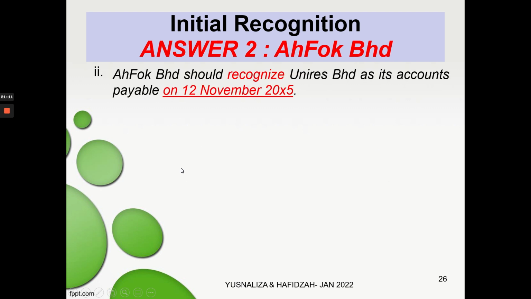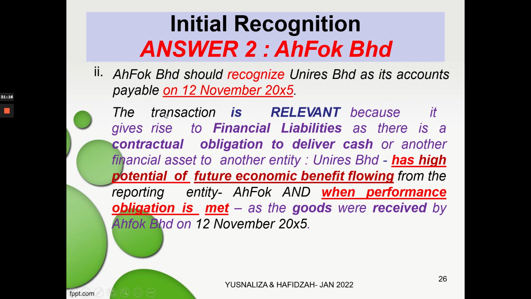When should AhFok recognize? AhFok should recognize on 12th of November. Why? Because that transaction is relevant, since UniRest has a high potential of future economic benefit flowing, and AhFok will have a high potential of economic benefits to deliver cash to the other entity UniRest, since AhFok knows that the performance obligation is being met by UniRest when the goods were received, assuming on 12th of November itself.